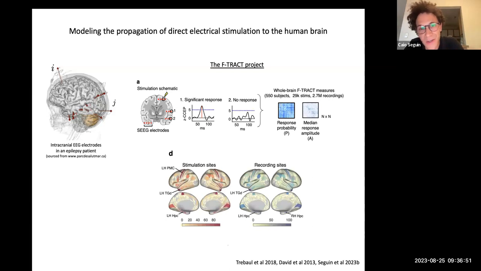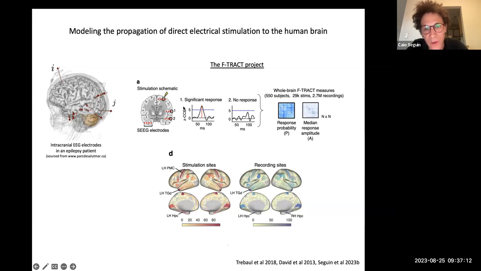And the data was actually collated by something called the FTRACT project into these really nice formats of N by N matrices. So the idea here is, for example, in this case, you stimulate here and you have all the other electrodes reading out the information.